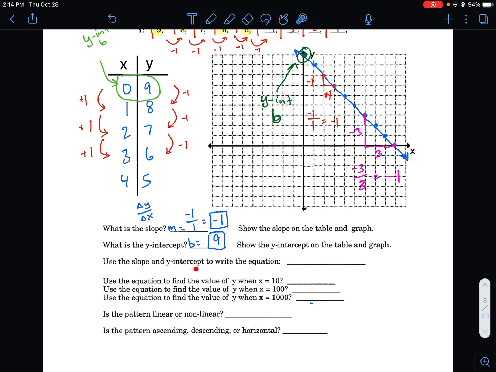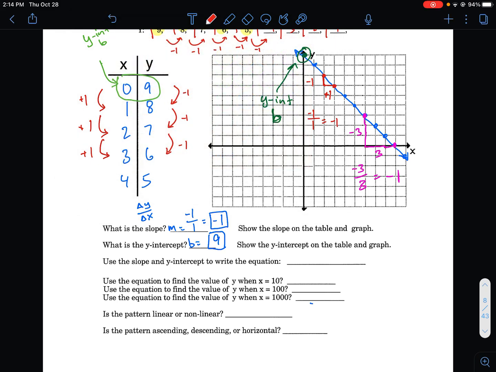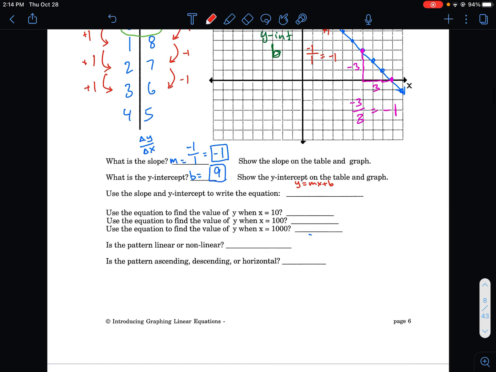Use the slope and y-intercept to write the equation. So remember, the equation should be written in the form of y equals mx plus b, where m is our slope and b is our y-intercept. So y equals, we know that the slope is -1, so we're going to write -1x, and then we know our y-intercept is 9, so we're going to replace b with 9.